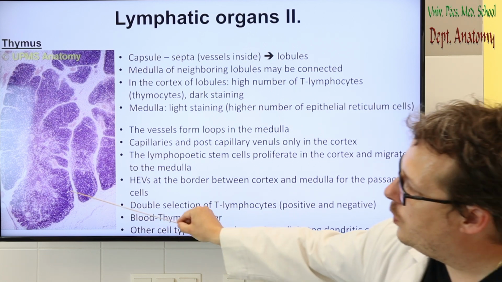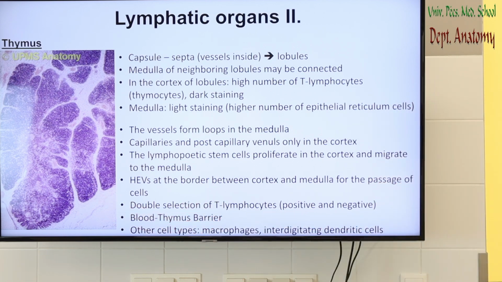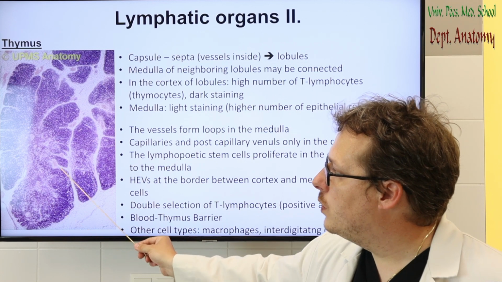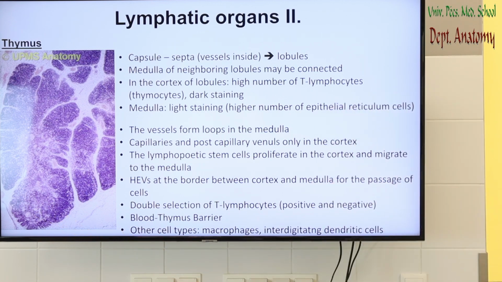In the cortex, that's where the multiplication of the precursors of the T cells happens, and as these T cells first multiply and then migrate towards the medulla, they will develop and undergo what we call positive and negative selection. This is a sort of quality control, so that they recognize the foreign as foreign, and they recognize the body's own structures as own and do not react to them.